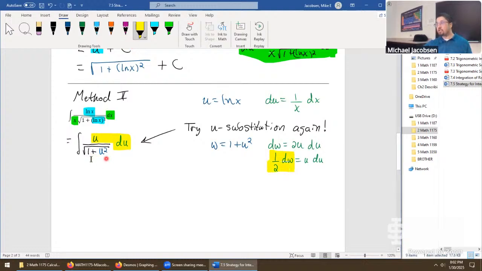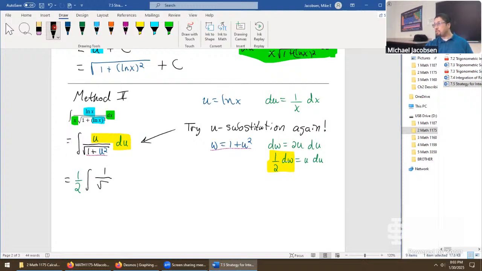And w is just going to go into that location. Running out of colors to color code it, so let me use this right here, just to convey that that's going in as a w. So this is now, let's do the yellow portion first because a 1/2 can emerge right in front of the integral sign in that way.